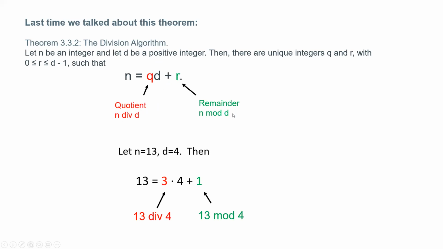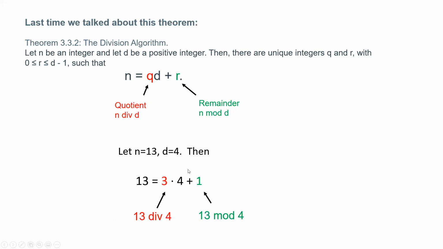Now that might not be making much sense right now, but let's just look at this example. I have two numbers, 13 and 4. All this is saying is I can rewrite 13 as something times 4 plus something else. And the thing that goes in front of the 4 is what's for that q, which is n div d, which is 13 div 4. And then plus, what goes here is 13 mod 4.